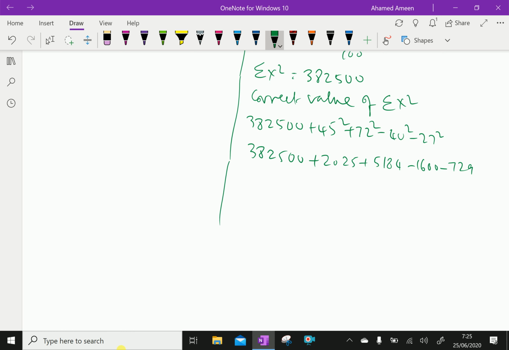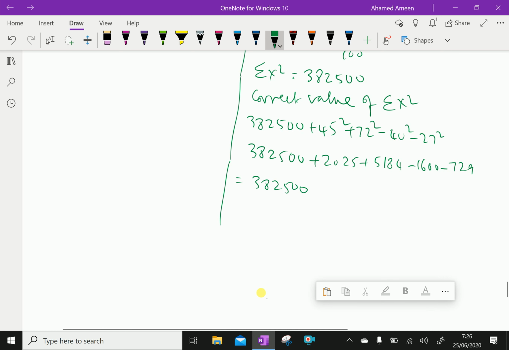So we have to calculate these values. Add with 382500, adding this and subtracting this, final simplification gives 382500 minus 2329.